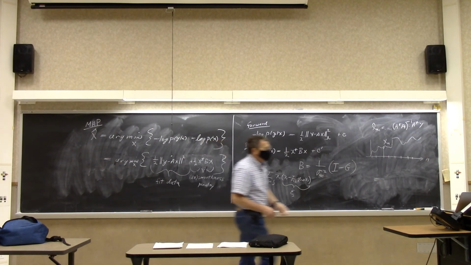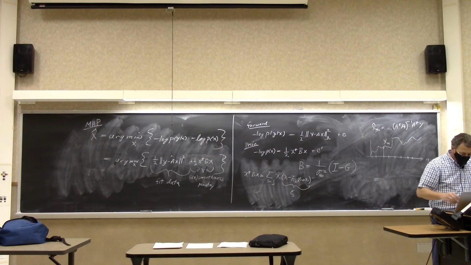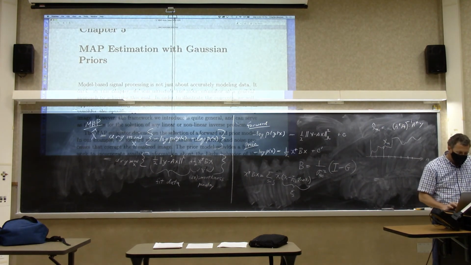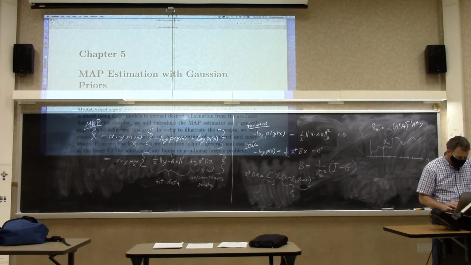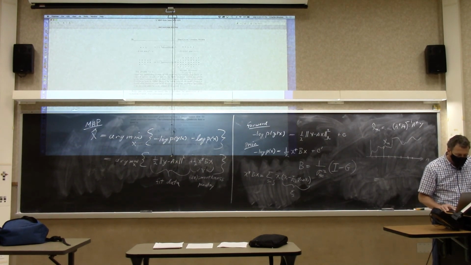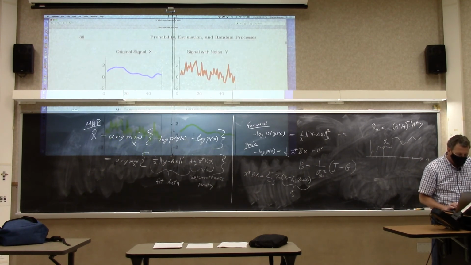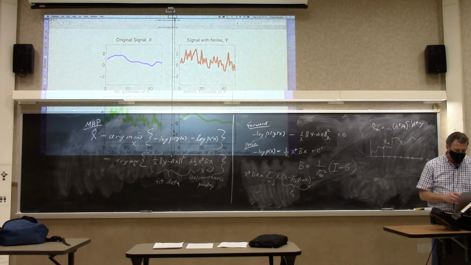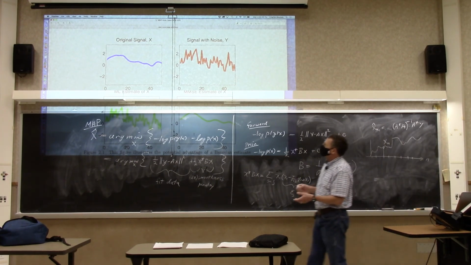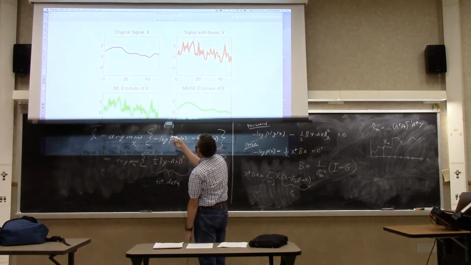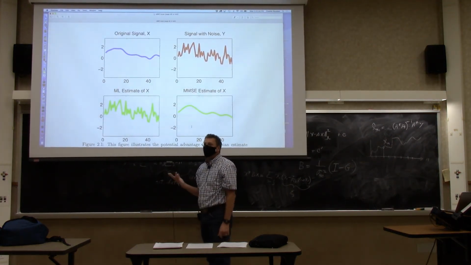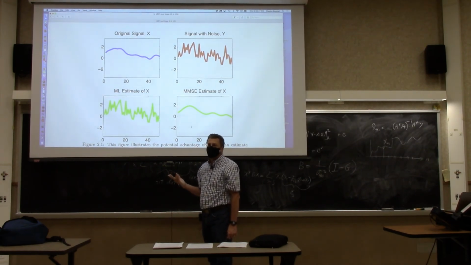Let me show you this result again from before, because I did the problem exactly like this. In this example, A was the identity, so it's linear.